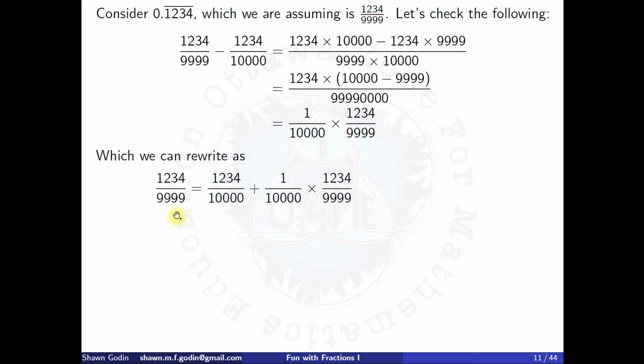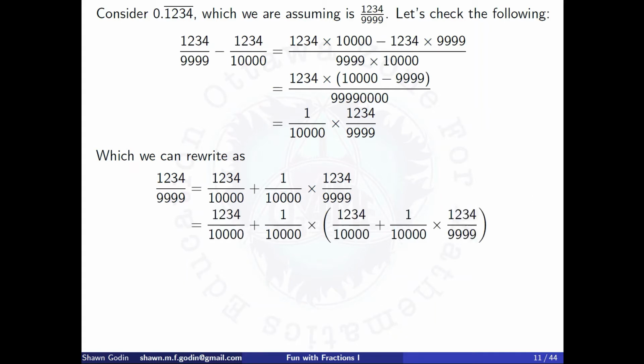Now, it might not make much sense to have this fraction defined in terms of itself, but if we're a little bit sneaky about it and a little bit thinking on our feet, we can plug this whole equation right back into itself. I can replace this 1,234 over 9,999 with this whole expression.